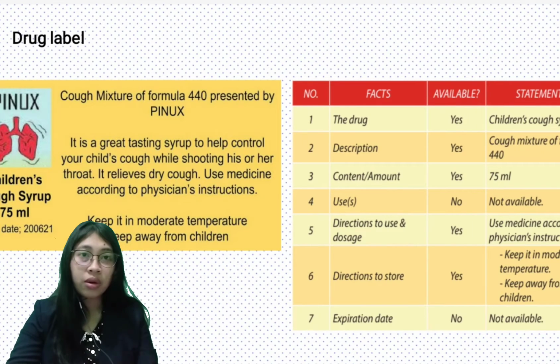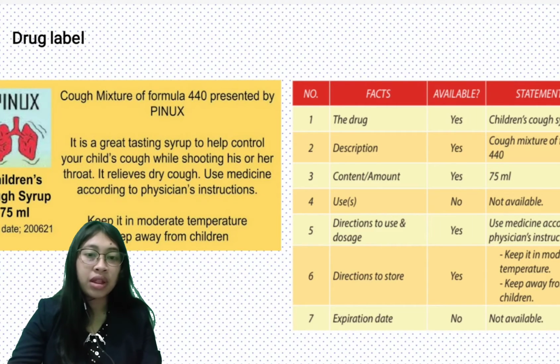How about the content or the amount of the syrup itself? Yes, there is 75 ml. Is there content of how to use it? No, there is no explanation about how to use it. So the statement is not there.